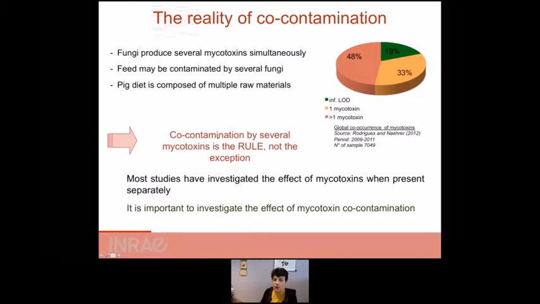And so contamination by several mycotoxins is a rule, not the exception. And most studies have investigated the effect of mycotoxin when present separately. And we really need now to investigate the effect of mycotoxin co-contamination. What are the effects of this co-contamination?